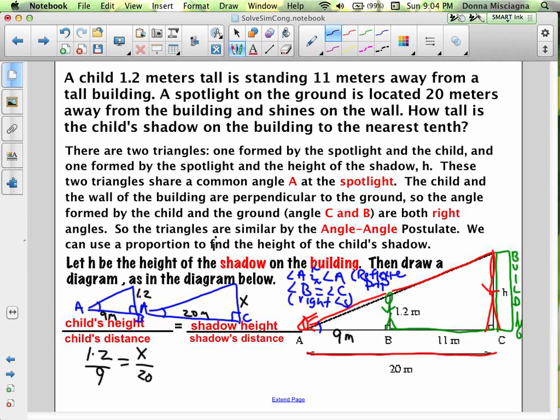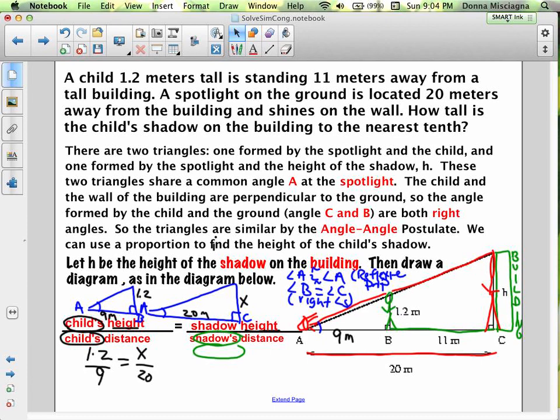So notice that I've got child compared to child. Then I've got height compared to height. And we've got a different color, shadow compared to shadow. Just want to make sure that that was clear. If you mix them up so you don't have a common thread, then your answer is also nonsense because you wouldn't have matched corresponding parts.